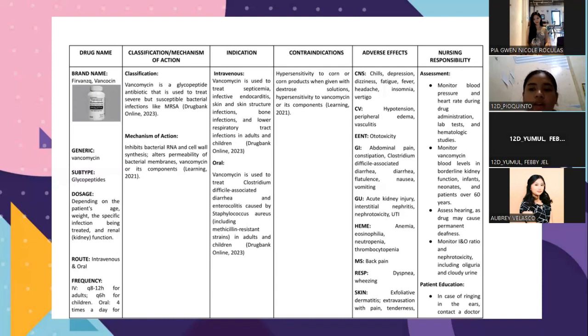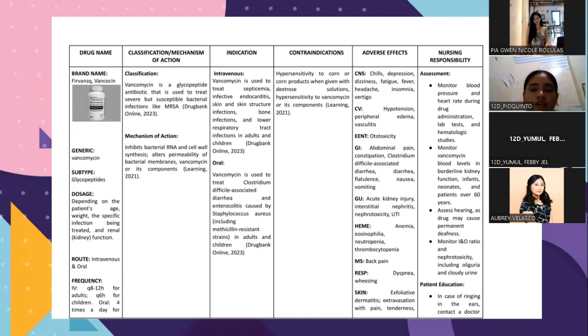This binding prevents the formation of peptidoglycan, a crucial component of the bacterial cell wall. As a result, bacterial cell walls become structurally weak and unable to withstand osmotic pressure, leading to cell lysis.